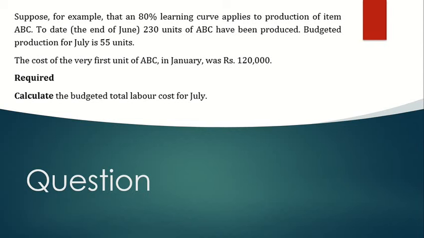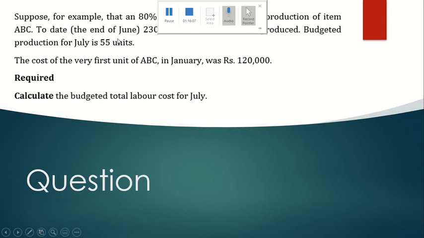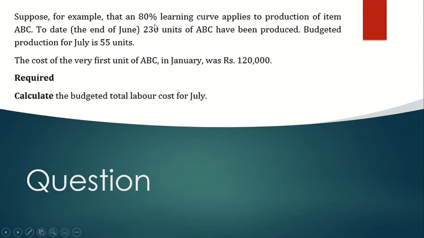In the sample question I have given, suppose that an 80% learning curve applies. So the learning rate is 0.8, and we can find b using log 0.8 divided by log 2.